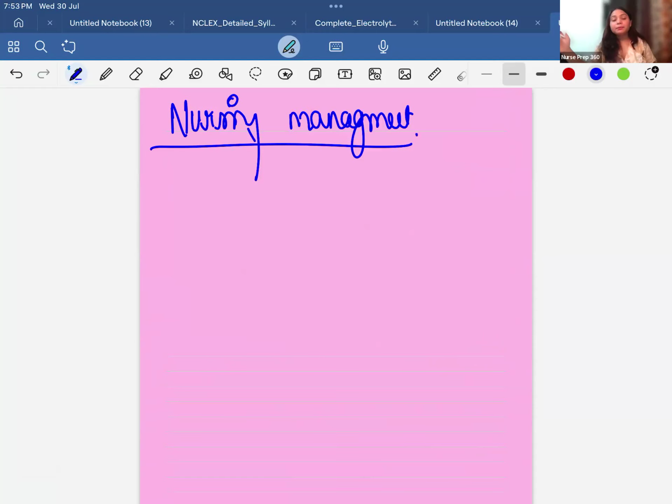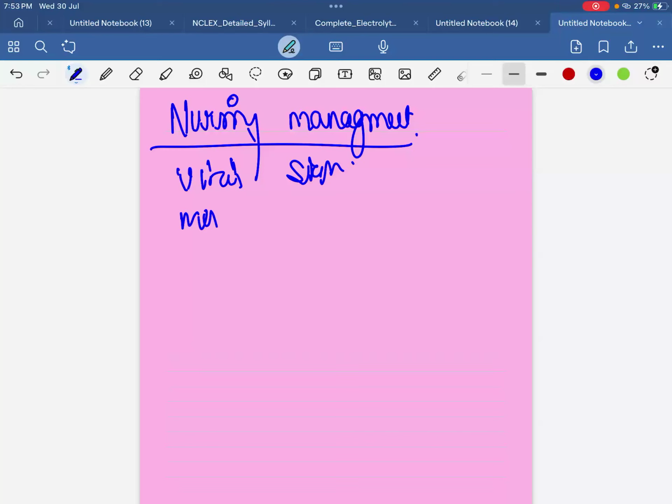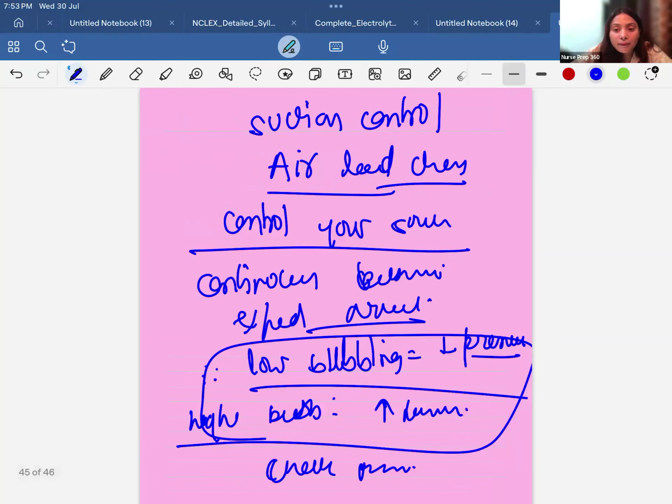Okay, nursing management means check the vital signs. Check the water level daily. Pressure also, water level also. At 2 centimeter, you don't have to worry about it, because there is preset water.